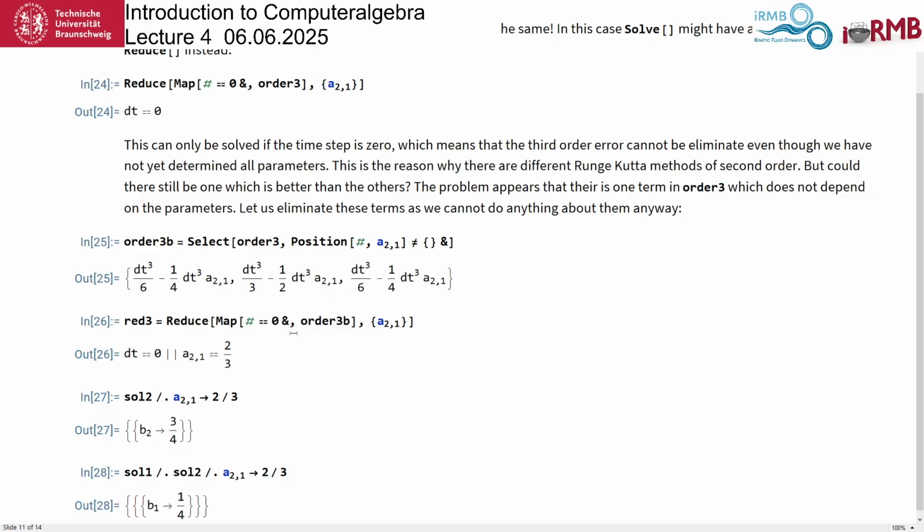Then we can reduce this again, and we see that now there are two conditions that put this to 0, namely dt is equal to 0, or A1,2 is equal to 2/3. So our best guess is A21 equal to 2/3 because it eliminates the largest amount of terms that we have at this order.